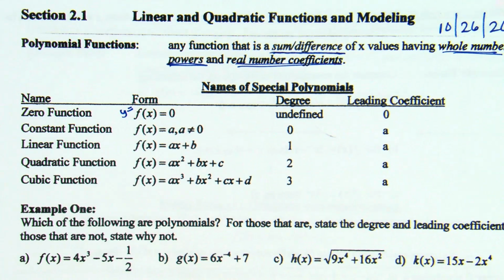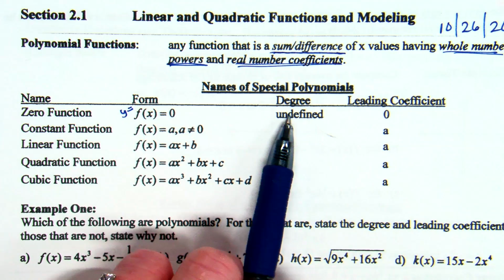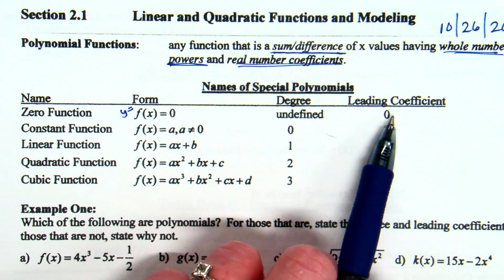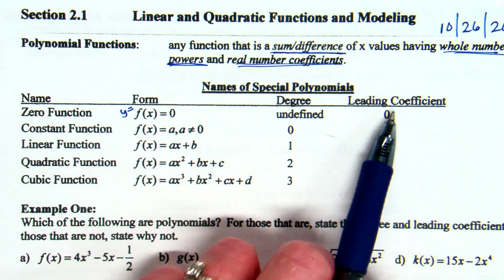Which y equals 0 is what? A horizontal line, specifically the x-axis. When we talk about degree, it's undefined. And leading coefficient, which would be the number that starts it, is just 0 because the only number there is 0.